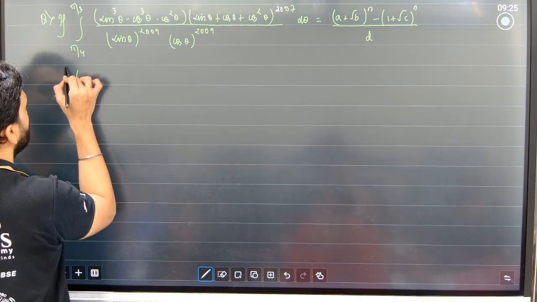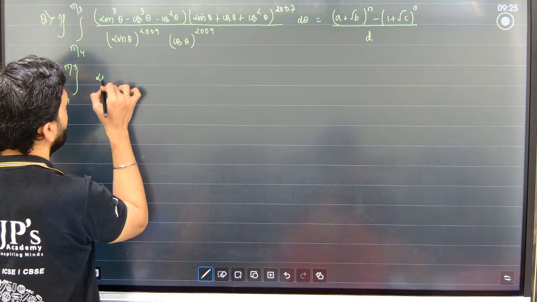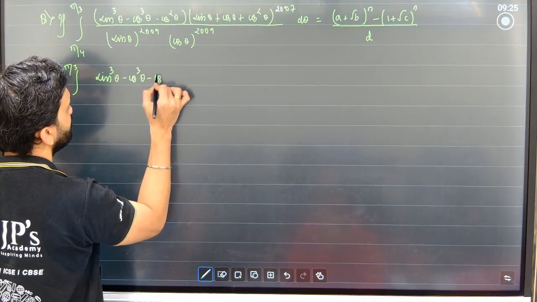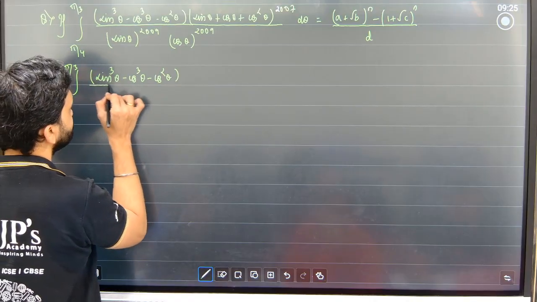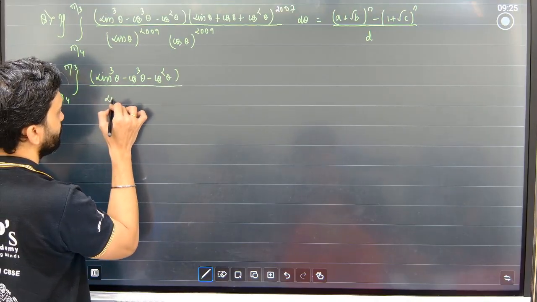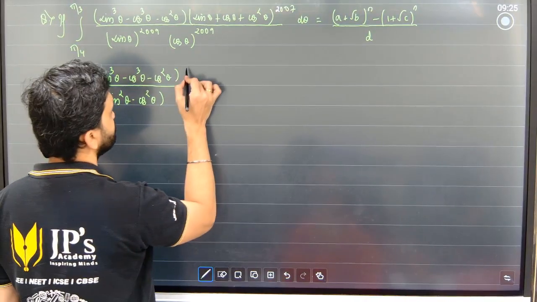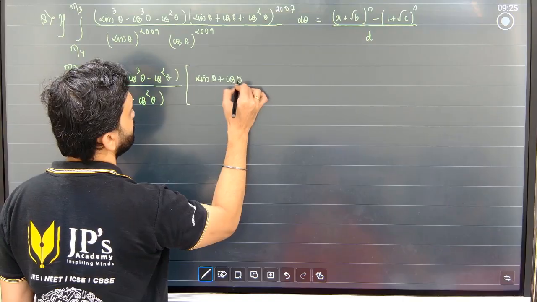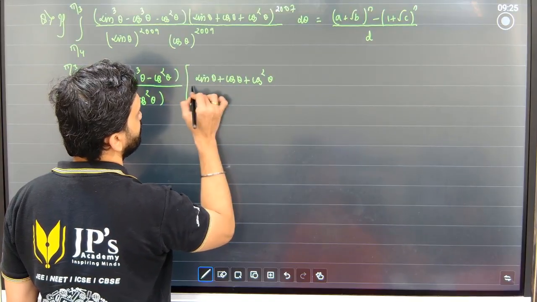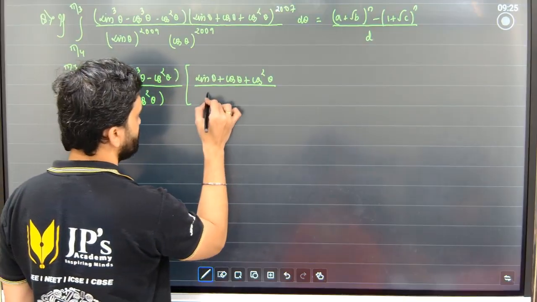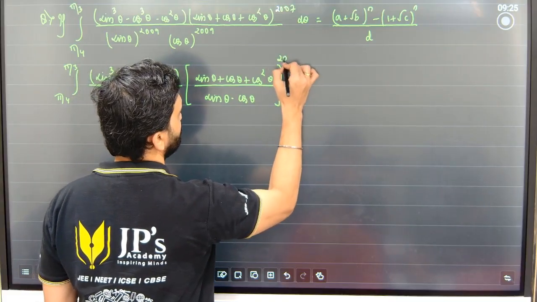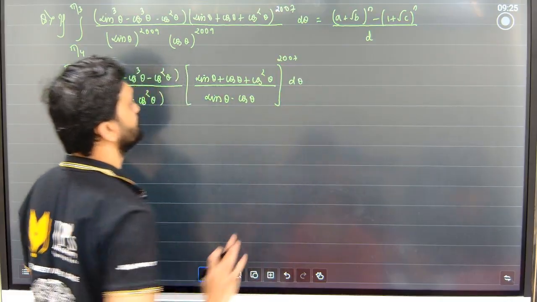This is my pi by 4, this is my pi by 3, this is sin cube theta minus cos cube theta minus cos square theta, the whole upon sin square theta cos square theta, into sin theta plus cos theta plus cos square theta upon sin theta into cos theta, raised to 2007.